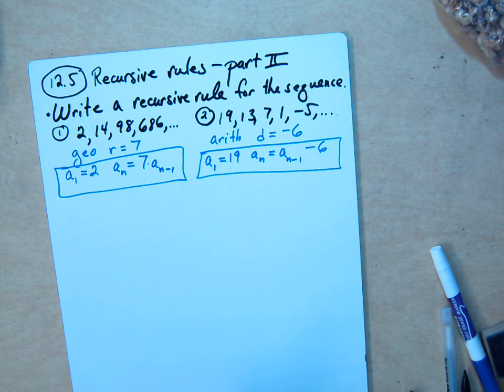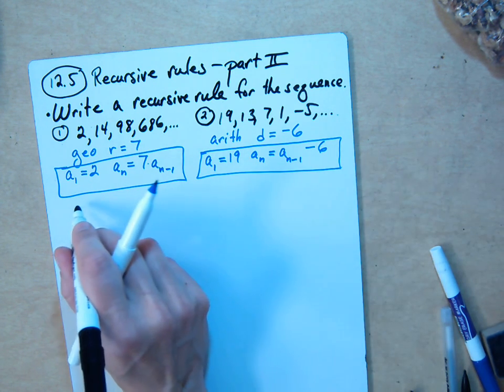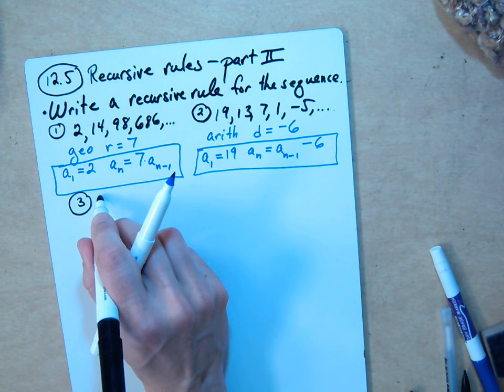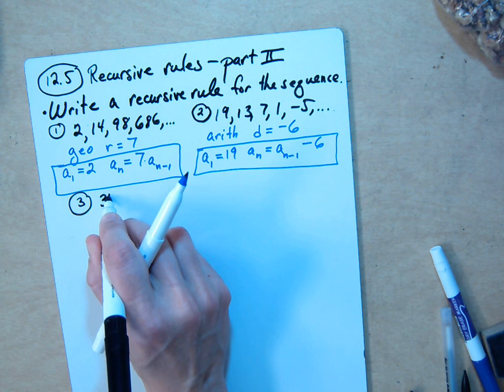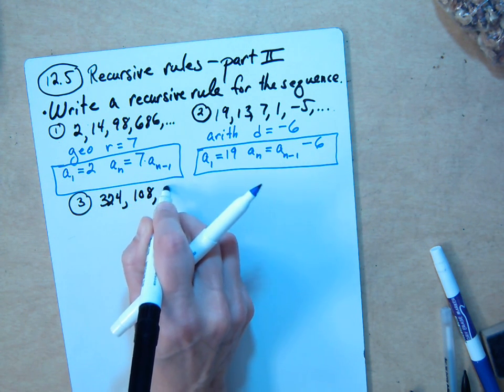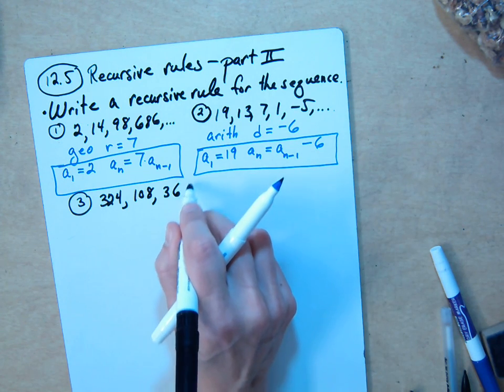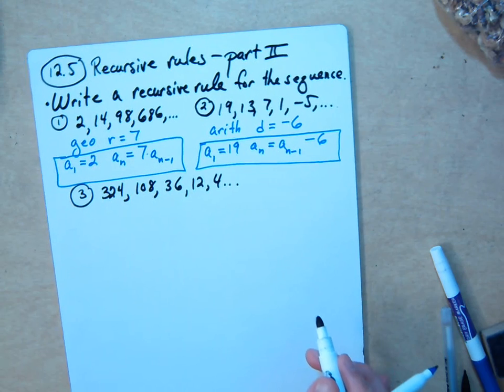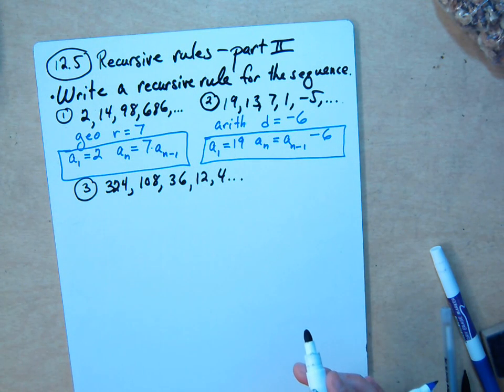Okay, so that's how it's going to go if it's arithmetic or geometric. Any questions on that? I want to do one more. You try, and you won't know which one it is. One more of that type, and then we'll change it up. 324, 108, 36, 12, 4, ... Okay, so I'll just give you a minute. You just write what it is, write the answer on your paper.